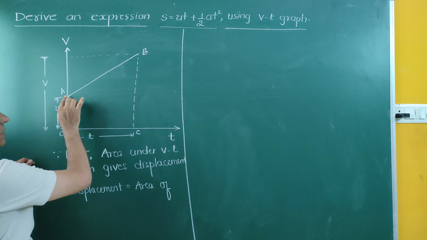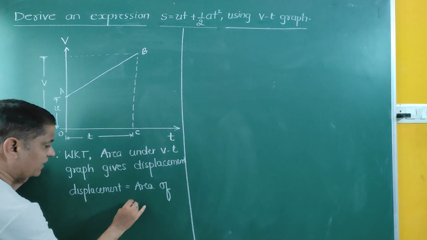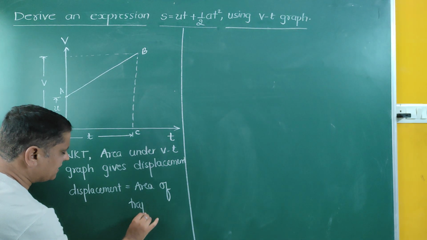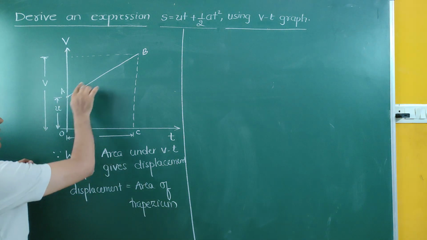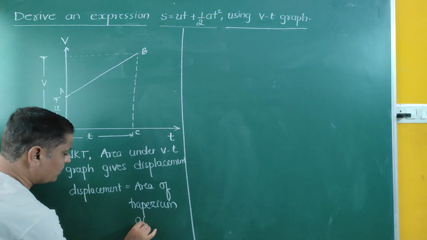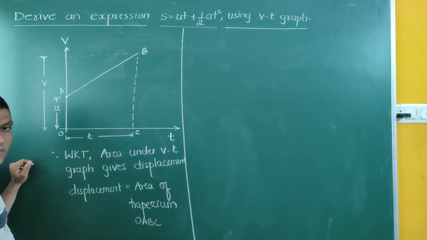This is nothing but the shape of a trapezium. Therefore, area of trapezium OABC.